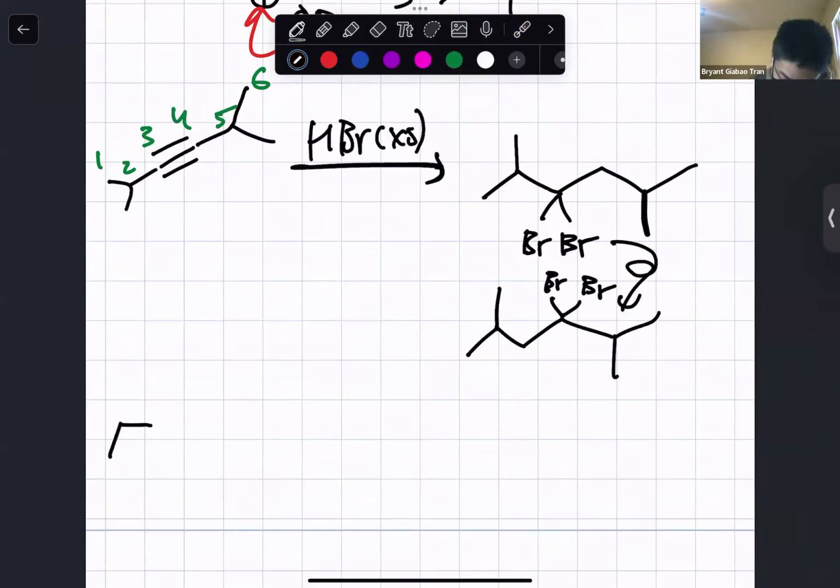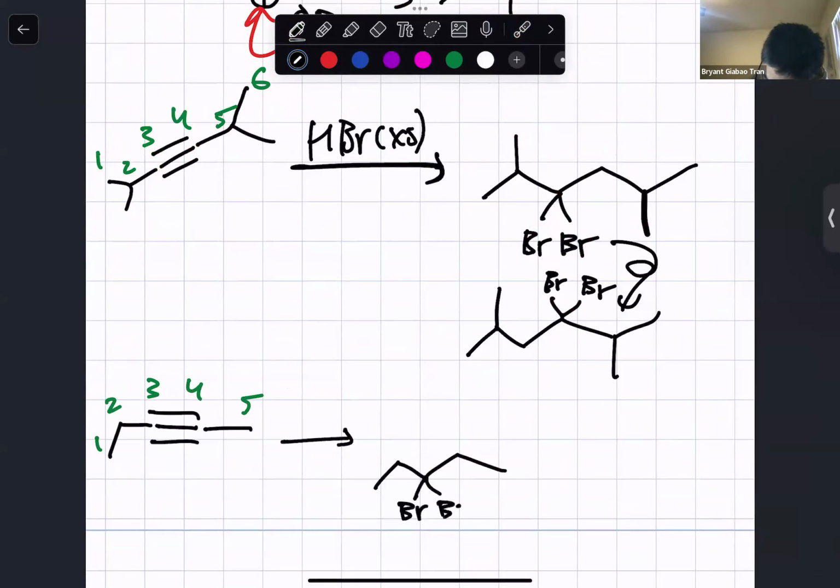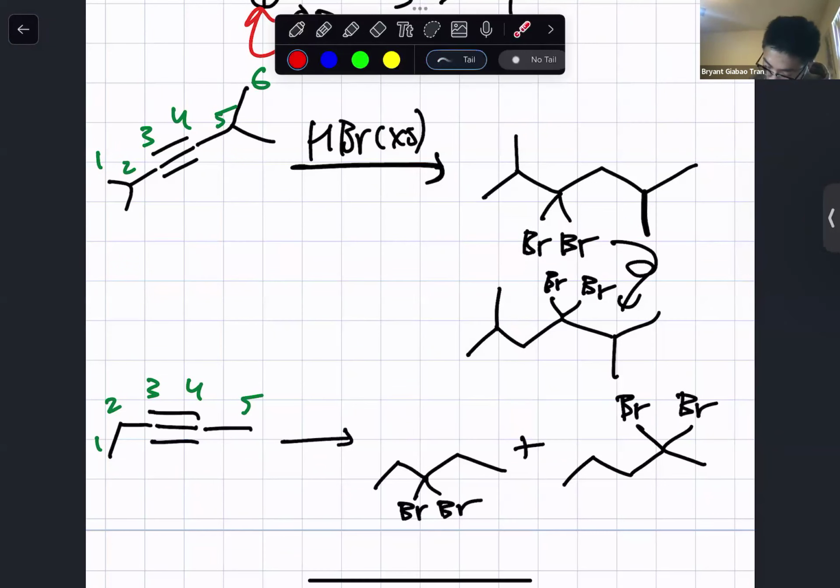But now let's say we had an asymmetrical alkyne like that, we get two products, where it does matter now where you attach the two Brs. You could get that product, or you could get this product here, where these are now different constitutional isomers because the R groups were not the same, so that's why you get two different molecules for an asymmetrical internal alkyne.